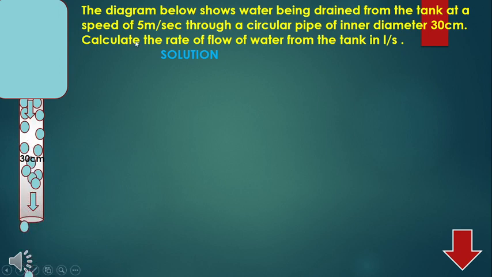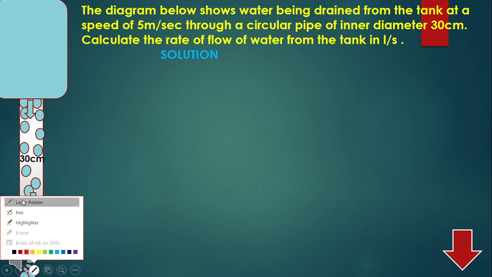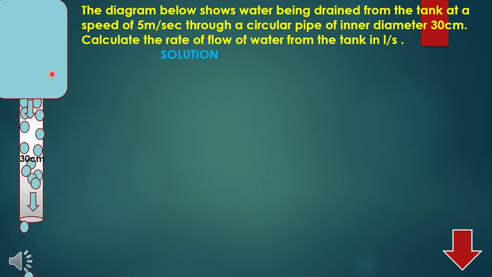What the question is talking about is what we can see here in this diagram. We're able to see the tank of water here and water is being drained through this circular pipe.